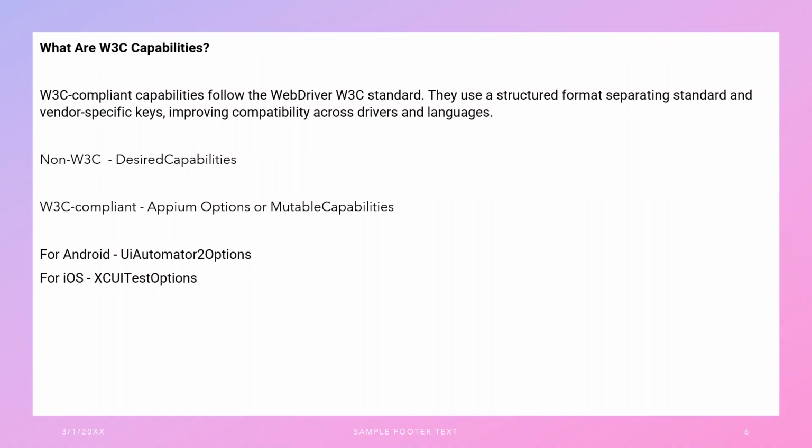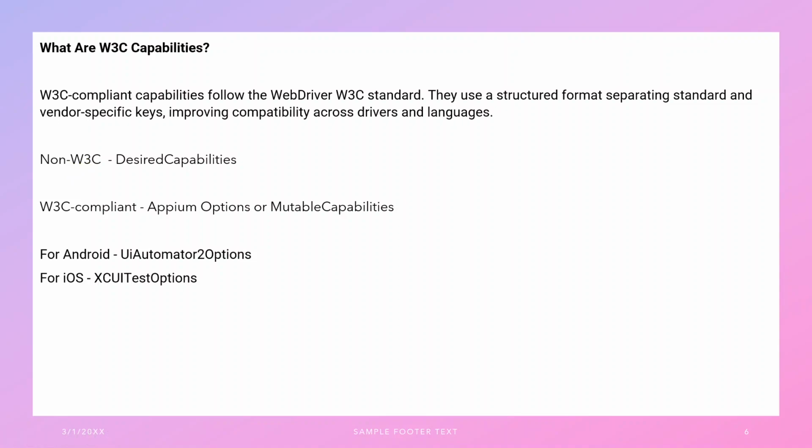Okay, see, when you are working with APM 1.x, we used the class called DesiredCapabilities. So we used to create the capability by using the DesiredCapabilities class, and this is the non-W3C compliant capability. So what exactly is this W3C capability?